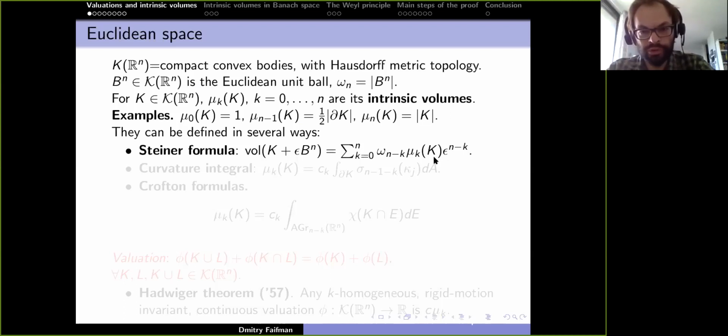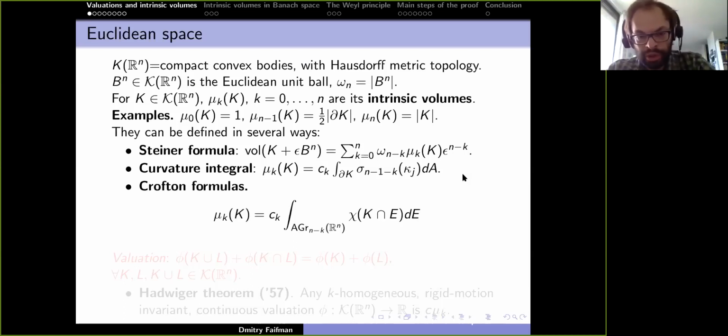If you write this explicitly for sufficiently smooth bodies, then what you'll get are integrals over the surface of the body of the elementary symmetric polynomials in the principal curvatures of the convex body. So for example, if you plug in k equal to 0, what you get is the integral of the Gaussian curvature, which we all know is a constant for convex bodies.